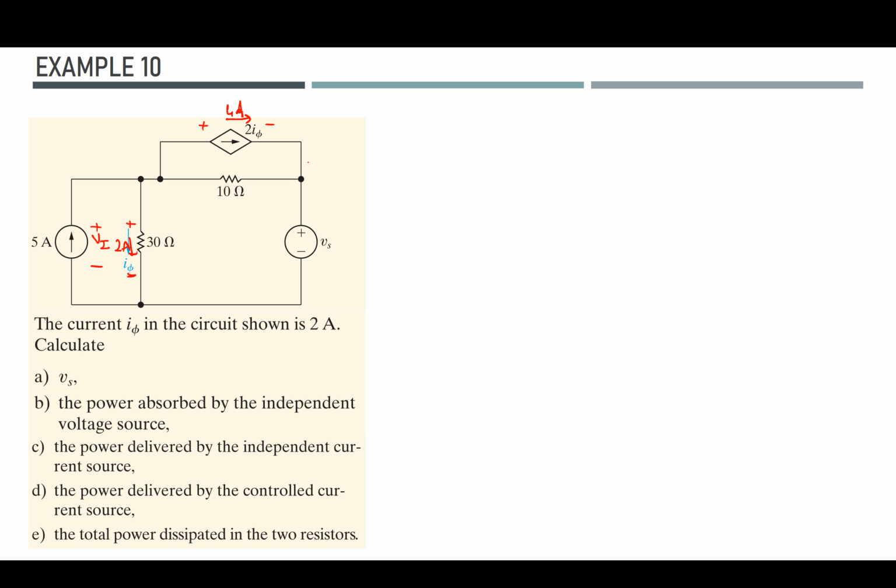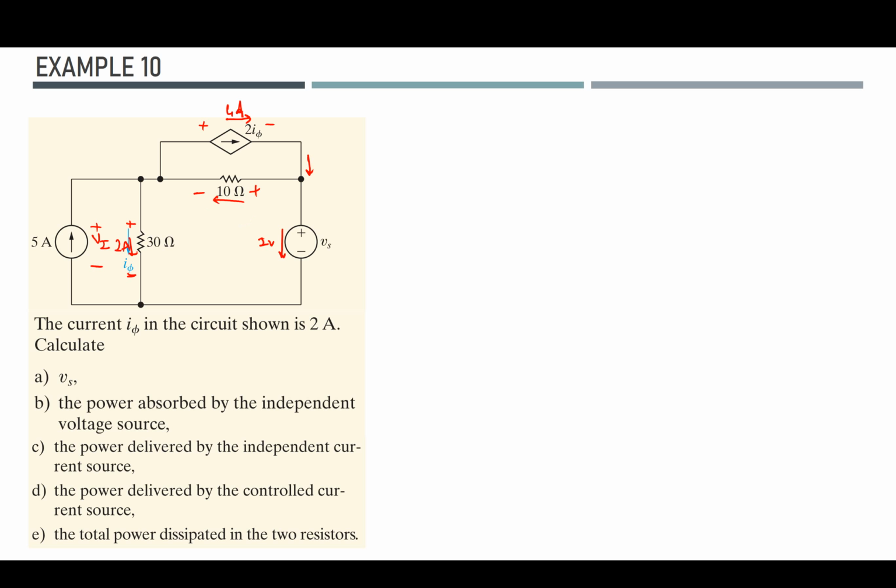So the current will come to this point, and since the voltage source polarities are given and we know it's absorbing power, not sourcing, the current Iv should be in this direction. Then I can choose this reference direction for the 10 ohm resistor.